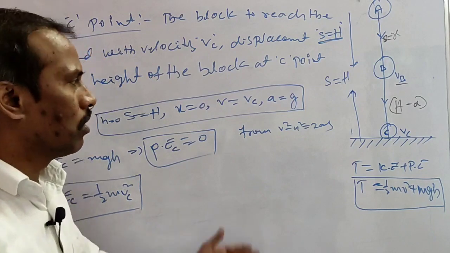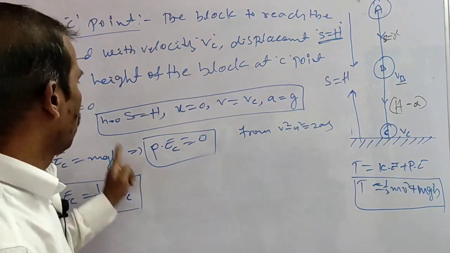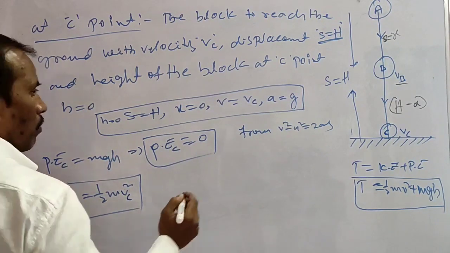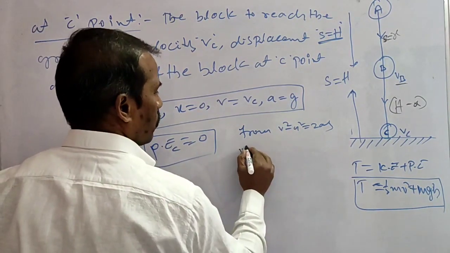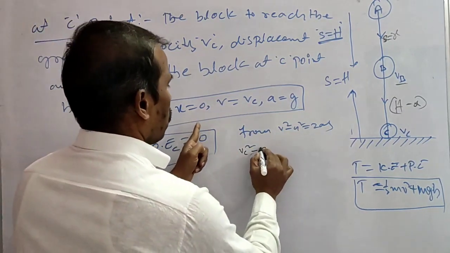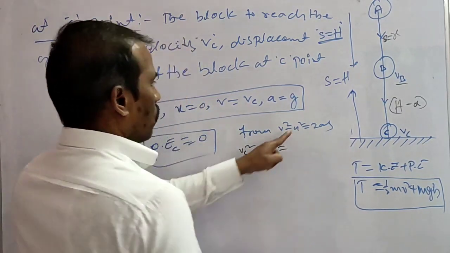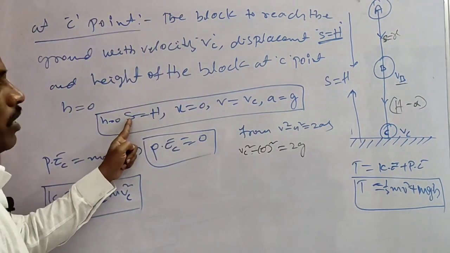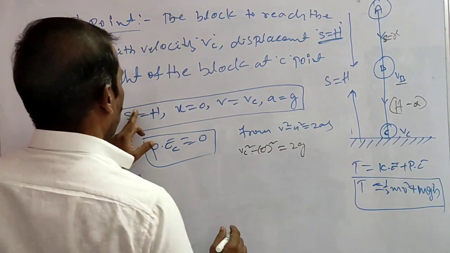Substituting these values: v square means vc square, u is equal to 0, a is equal to g, and s is equal to the displacement h.